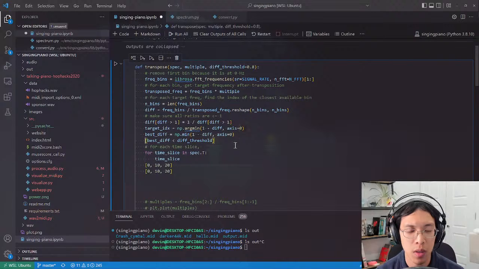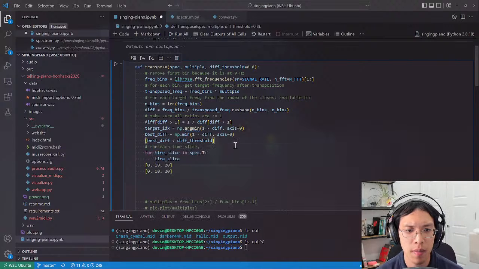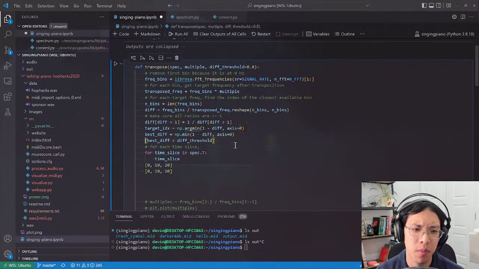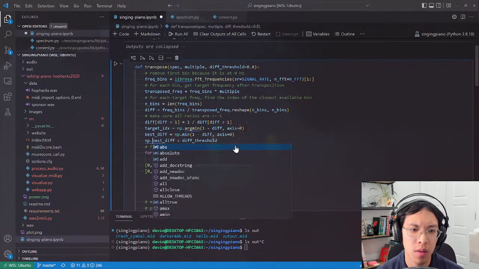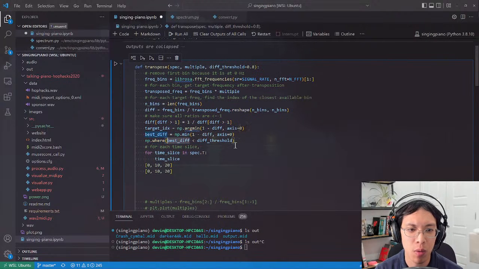So what we want to do is target, I can do this. So numpy.where gives me the indices where this thing is true, and then remove index equals this. So these will tell me where I should ignore the frequency, the energy information in the spectrogram, right?